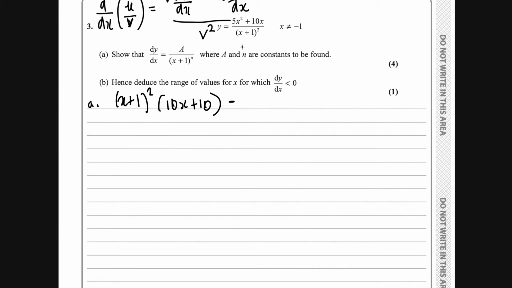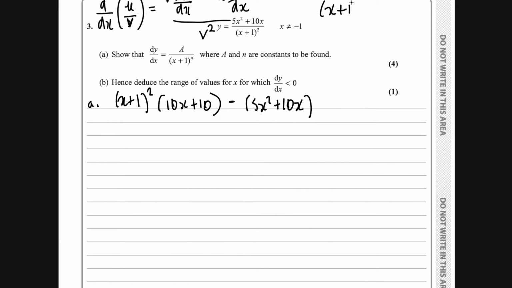And from that, we're going to subtract the numerator, which is our u, times by the derivative of the denominator, which is x plus 1 squared. And for this, we're going to have to use the chain rule.